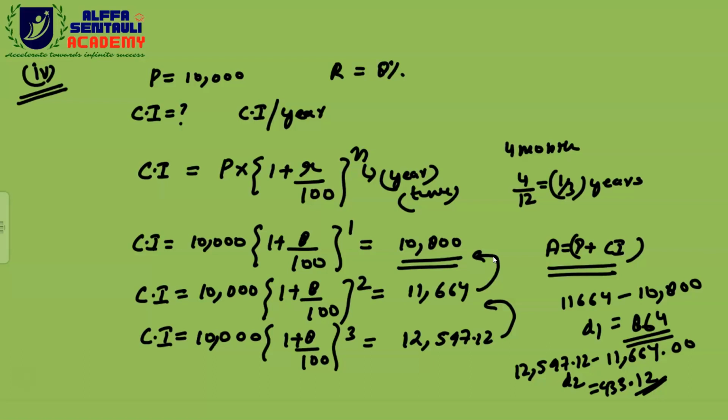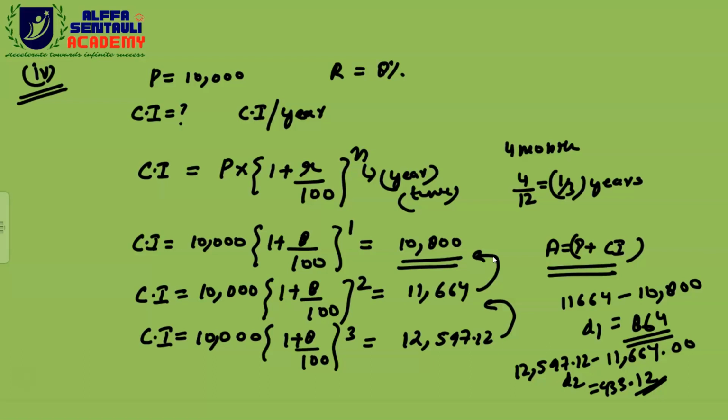If you are thinking that you deposited 10,000 and you will get 20,000, then 20,000 doubled, 40,000, it does not work like this, correct or not?